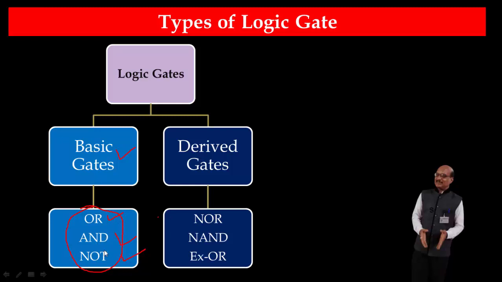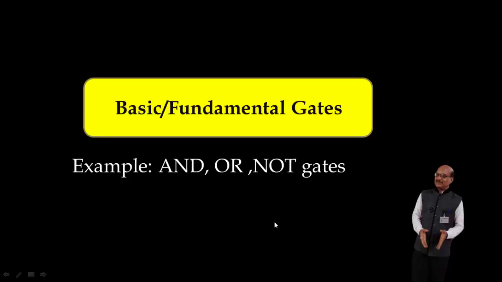Therefore OR and NOT gates acts as the basic building block for digital electronics. So derived gates are always constructed by using the basic gates. So the examples are NOR, NAND and XOR gates are called as derived gates.